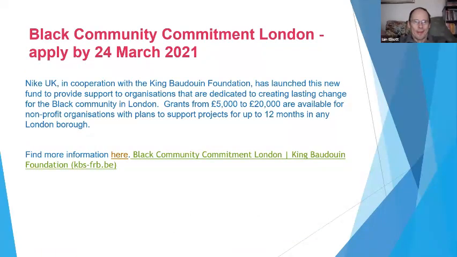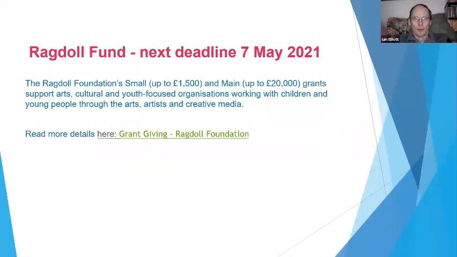Nike, in cooperation with the Kings Aduin Foundation, launched a new fund to provide support to organisations dedicated to creating lasting change for the Black community in London. Grants from £5,000 to £20,000 are available for non-profit organisations with plans to support projects for up to 12 months in London boroughs. Find the link on the slide.